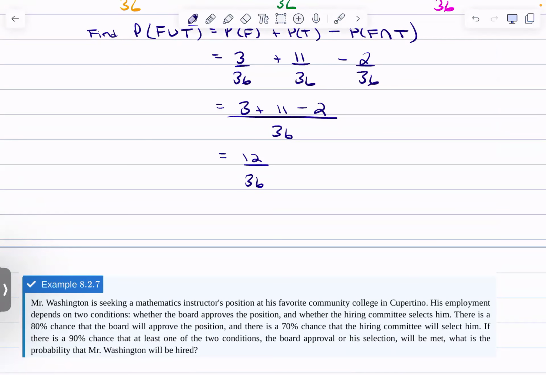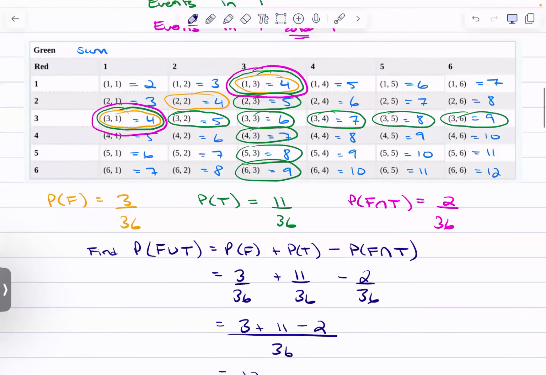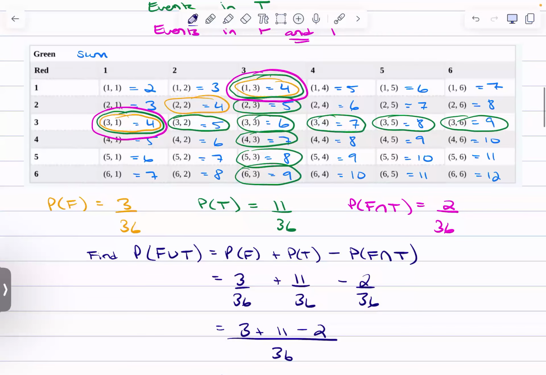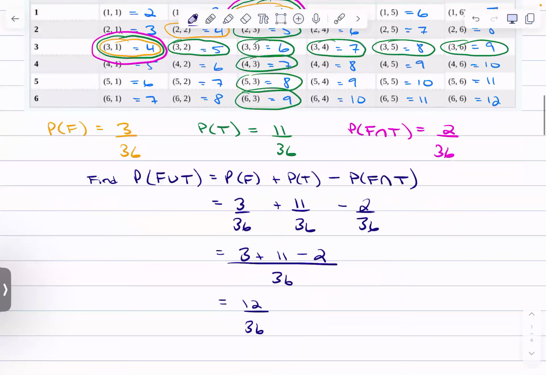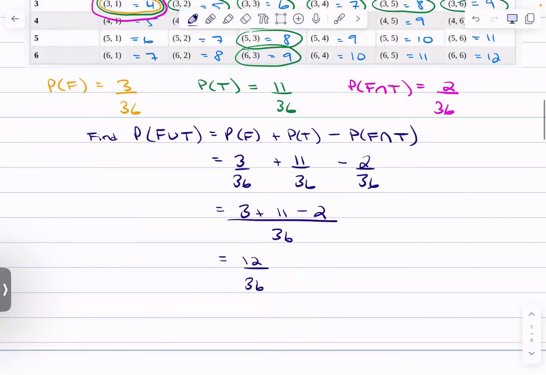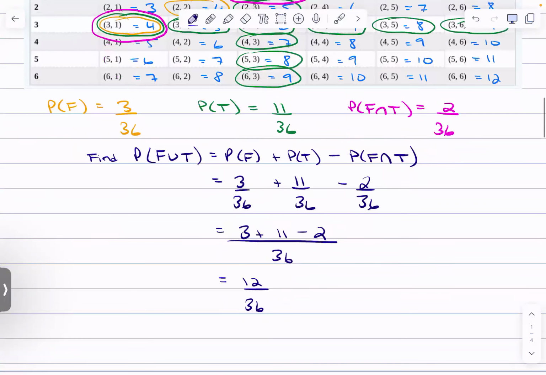Which should also match, let's see here. What was I going to say? It's okay.